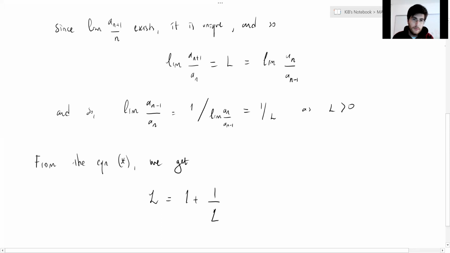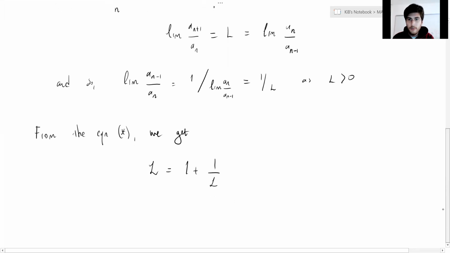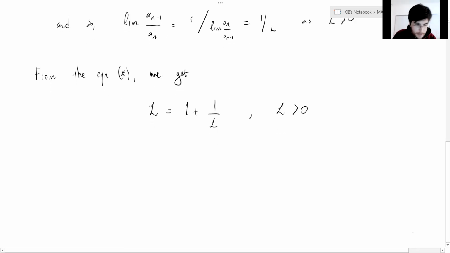Multiplying by L, we get L squared equals 1 plus L. And L is positive, remember. So L is always positive. And therefore, this equality means basically you have L squared minus L minus 1 equals 0.